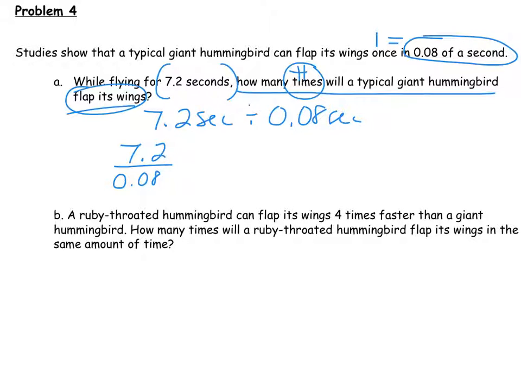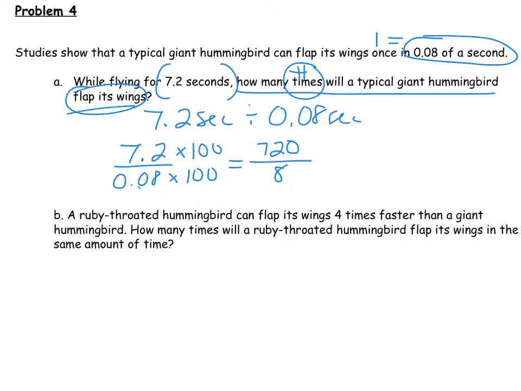I'm going to multiply by 100 because my divisor, that 8, is in the hundredths place. So that 2 is going to move over 2 places. So it's going to go from the tenths to the ones and then the ones to the tens. So the 2 is in the tens, the 7 is in the hundreds now. And that 8 in my divisor is going to move 2 places from the hundredths to the tenths, that's 1, and then from my tenths to the ones.